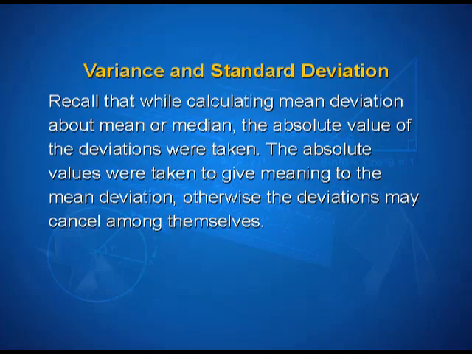Now, students, let us study variance and standard deviation. Recall that while calculating mean deviation about mean or median, the absolute values of the deviations were taken. The absolute values were taken to give meaning to the mean deviation, otherwise the deviations may cancel among themselves.